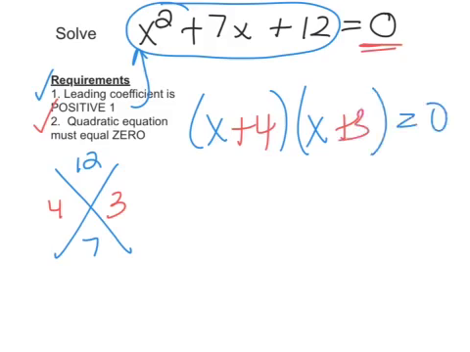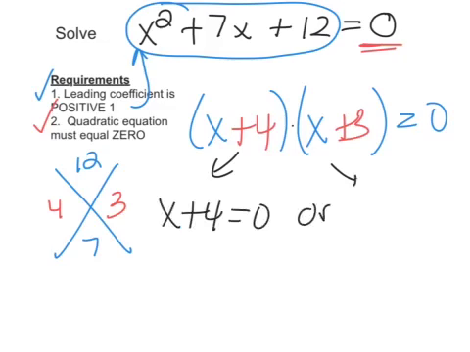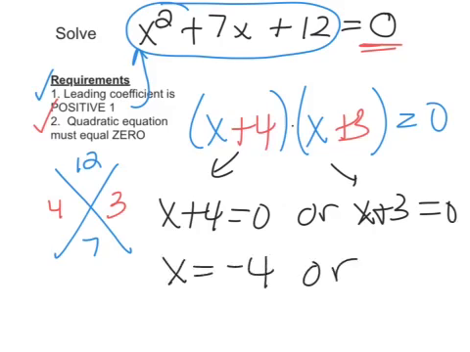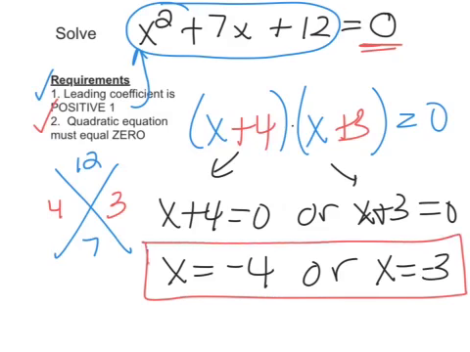Once we have it factored, we're going to use the zero product property. If we have both of these things multiplied, one of them must be 0. So either x plus 4 is equal to 0, or x plus 3 is equal to 0, in which case we get two possible solutions: x equals negative 4 or x equals negative 3. So our final answer states both values that could possibly have made the original equation true.